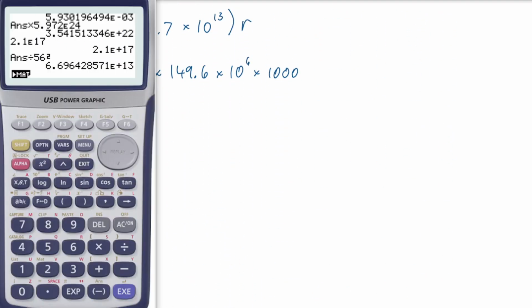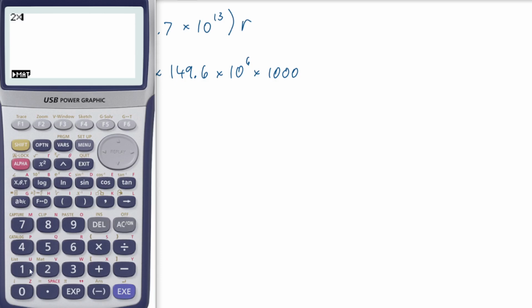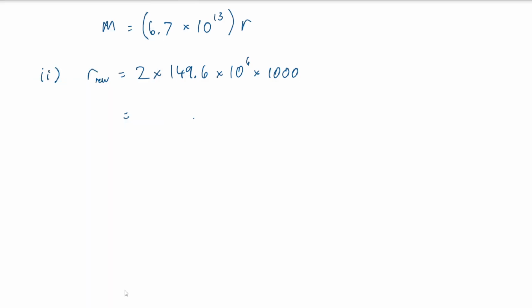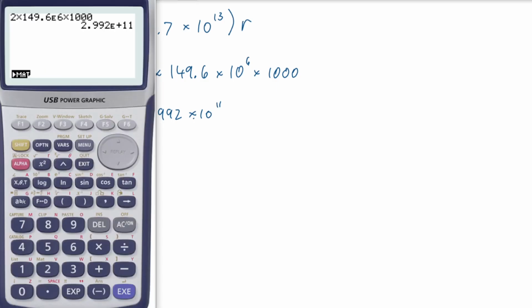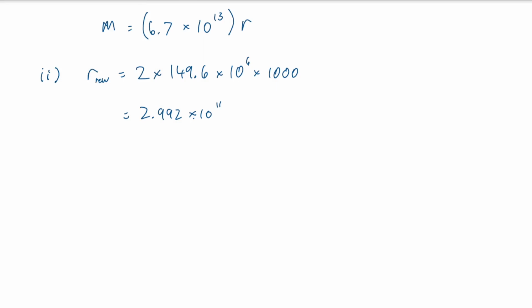So let's compute that. 2 times 149.6 million times 1,000 gives 2.992 times 10 to the power of 11. Cool, meters. So that is the new planet's orbit radius.